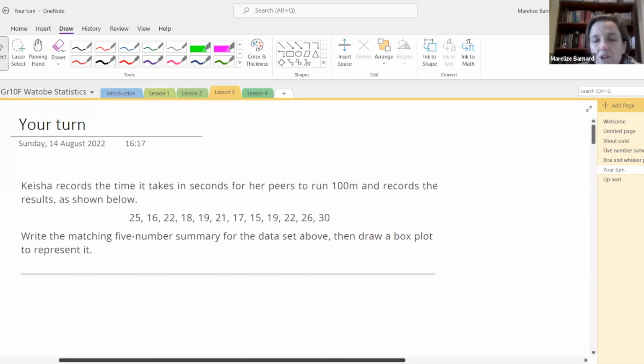So Sibyl, we are going to start probability next week, Tuesday. So Thursday is our last lesson on statistics, and then we start probability on Tuesday.